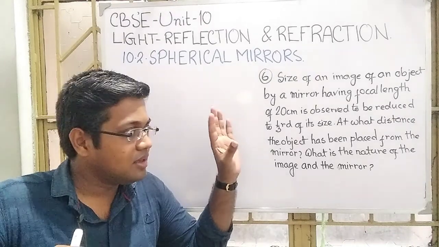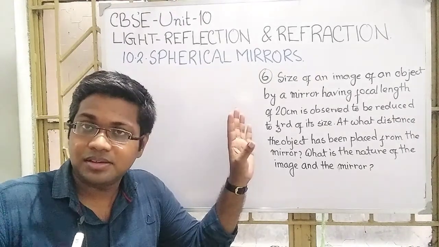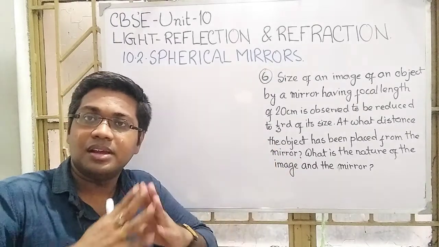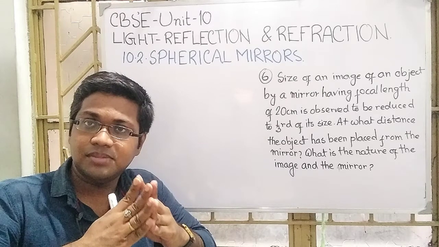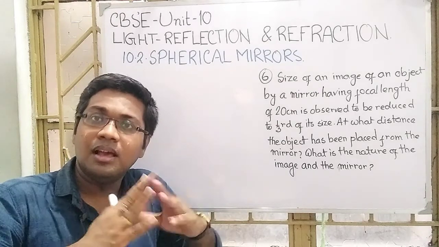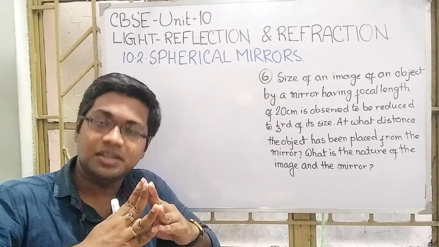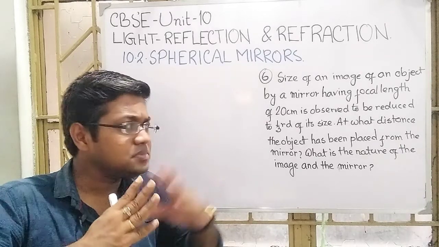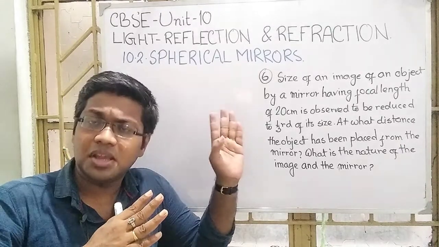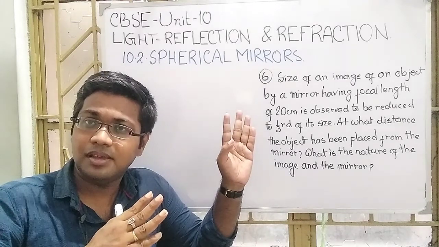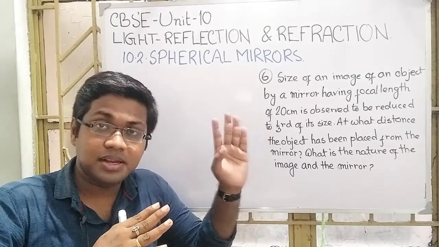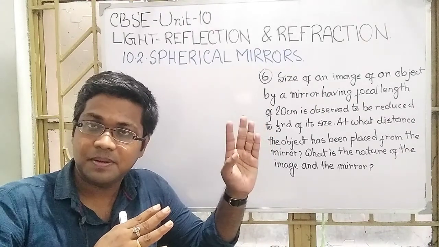So maybe it has two answers or not, that we will get after the calculations, but I will just take two possibilities. The first possibility is that the mirror is a concave mirror, and the image that is formed is a real image.